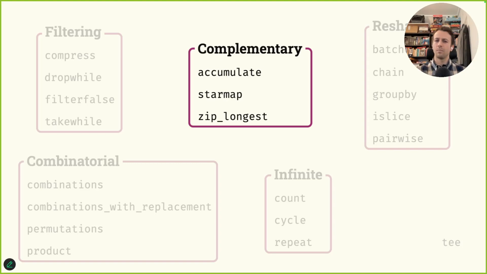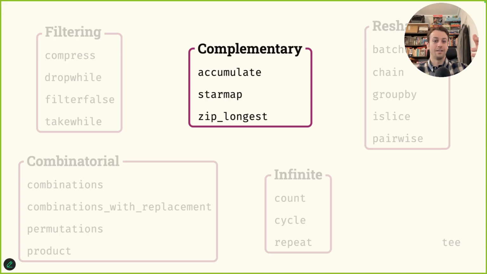By the way, quick guessing game. Who can guess, if you take a look at zip longest, what is zip longest related to? In the built-in, so it's not one of the other 18. Zip longest is related to what built-in?